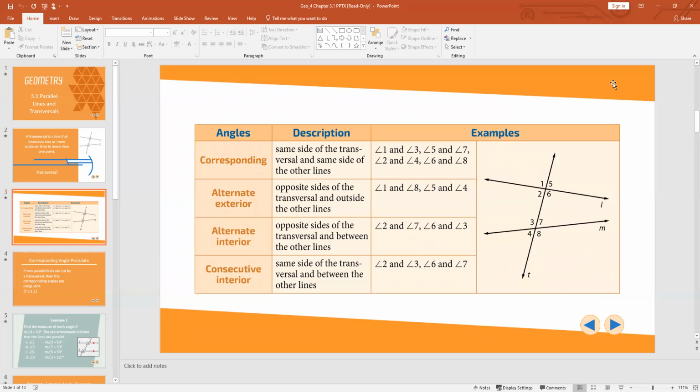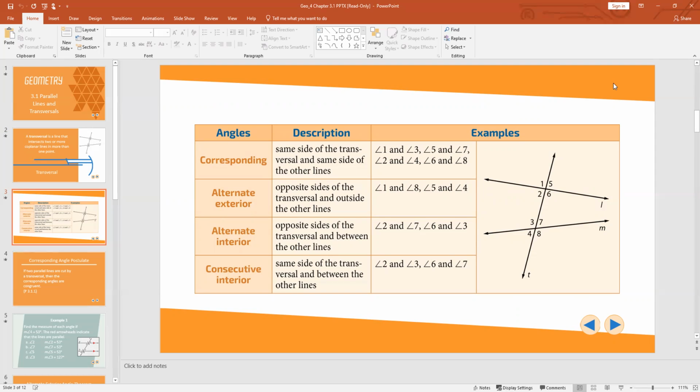So there are four different types of angles you need to make sure that you understand and know how they compare to each other. The first type of angle is corresponding. Corresponding angles are on the same side of the transversal and the same side of the other two lines. For example, angle 1 and angle 3 are corresponding. Angle 5 and angle 7 are corresponding. 2 and 4 are corresponding, and 6 and 8 are corresponding.